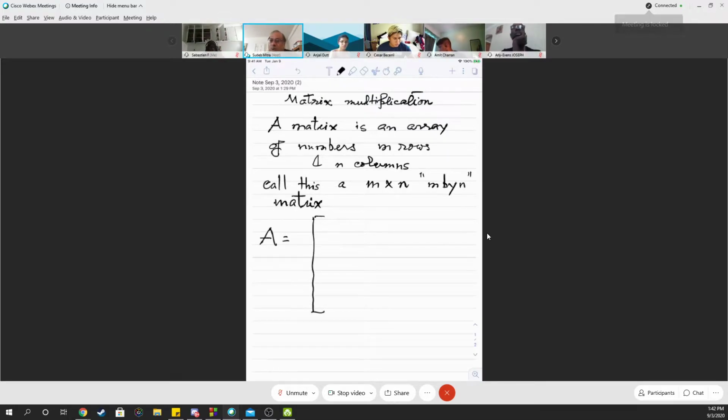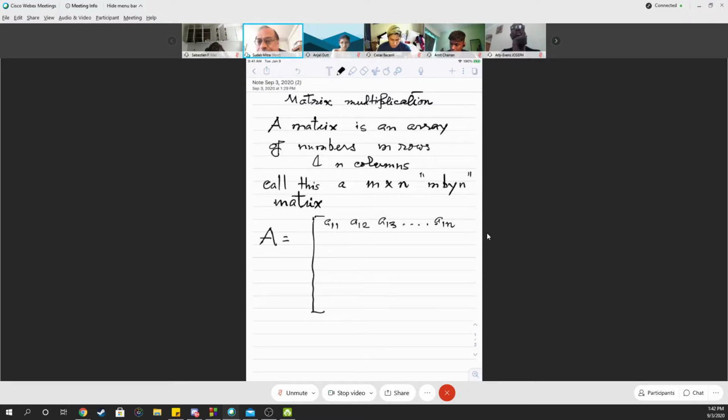A typical element of a matrix will be written as Aij. The first index is the row, the second index is the column. So first row: A11, A12, A13, dot dot dot, A1n. It is an m by n matrix, remember, so there are n columns.